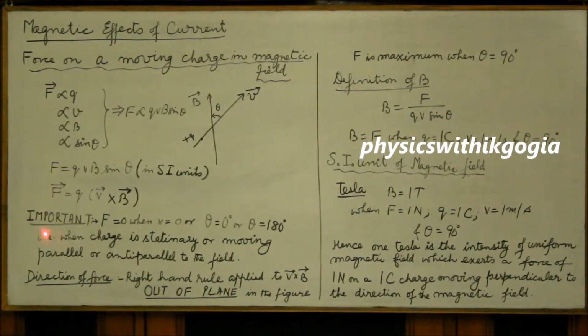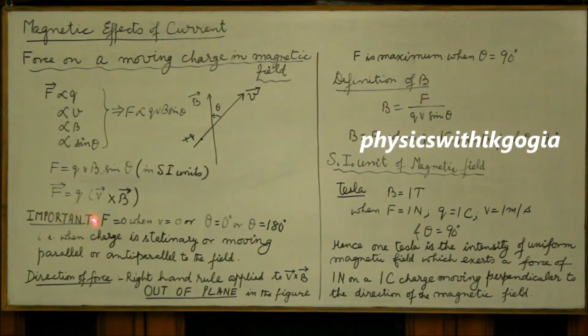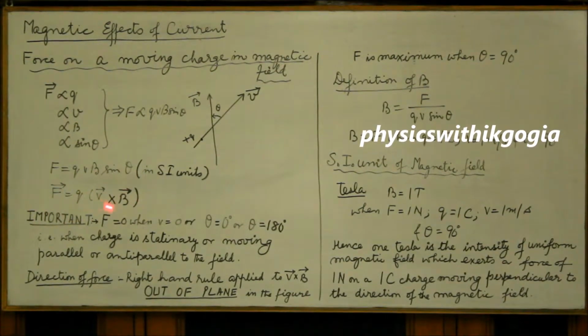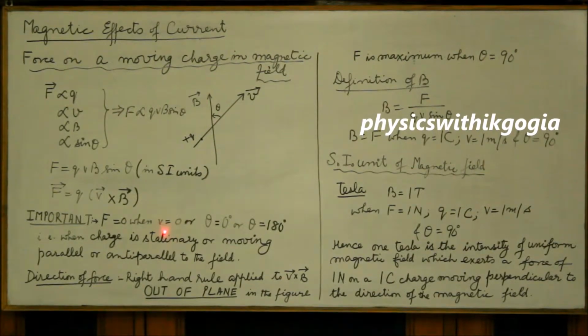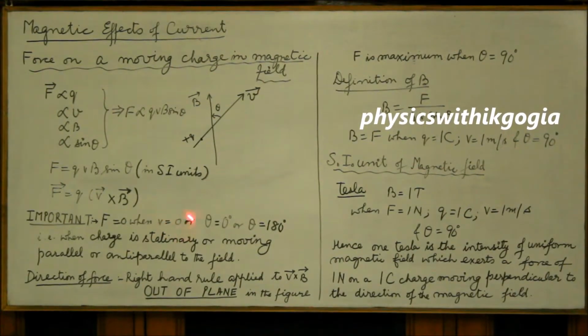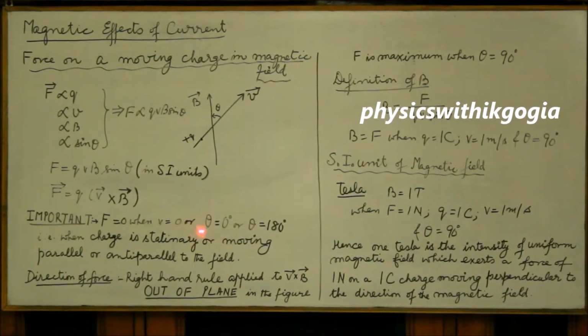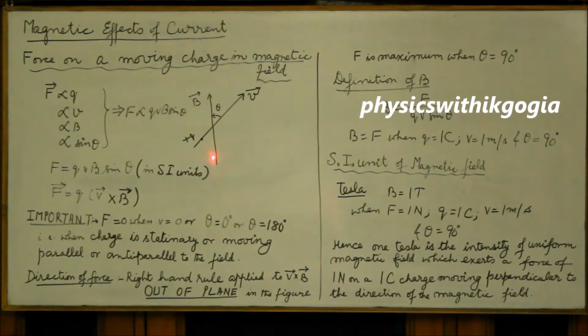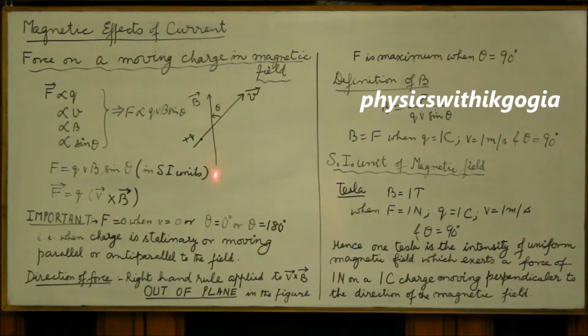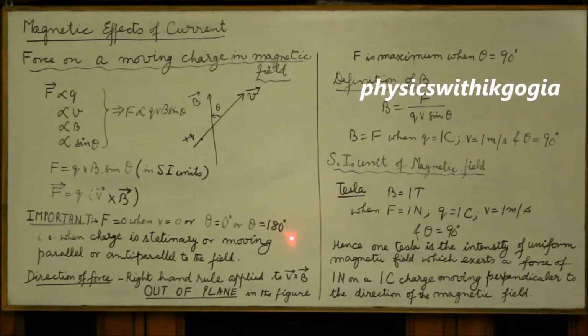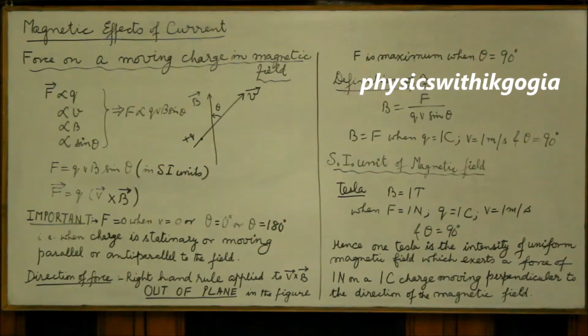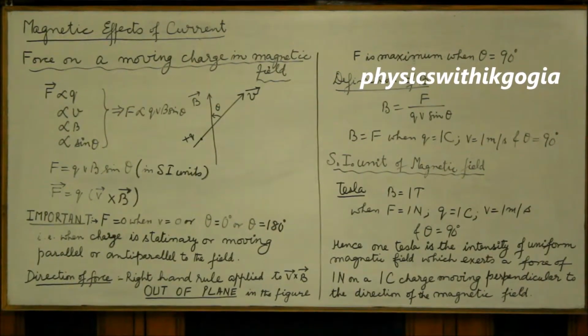There are a few important conclusions which we get from this result. 1. The force is 0 when V is 0, that is, the charge is stationary. The force is 0 when theta is 0, that is, when the charge moves parallel to the field, or theta is 180 degrees, that is, the charge moves anti-parallel to the field.